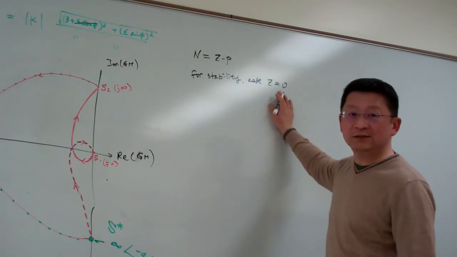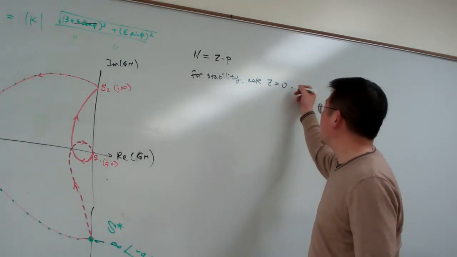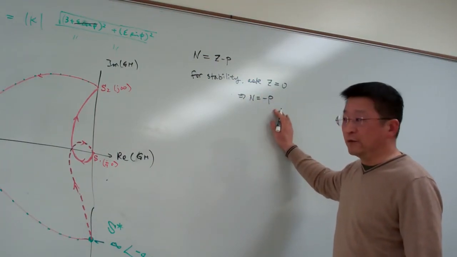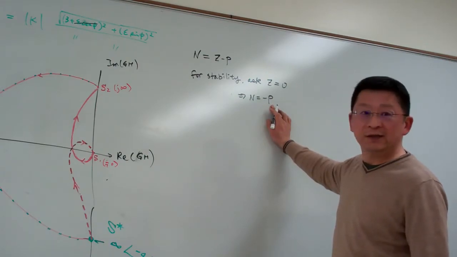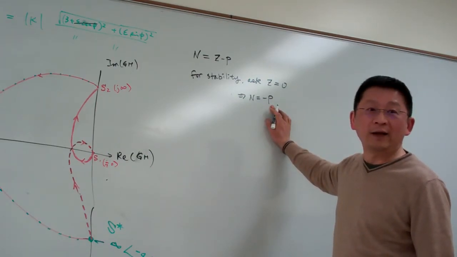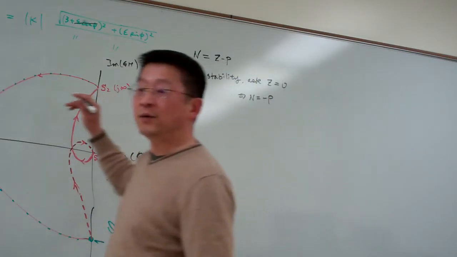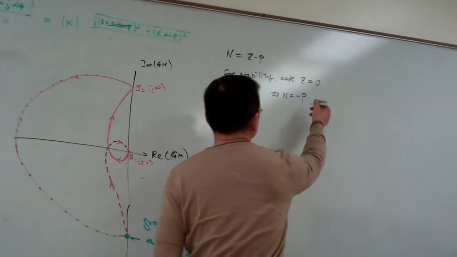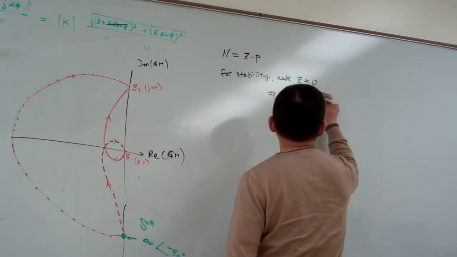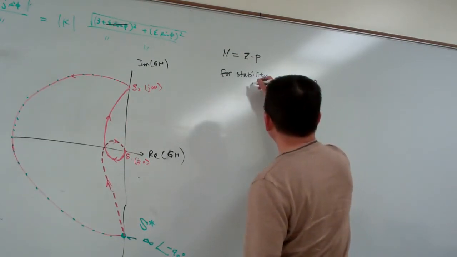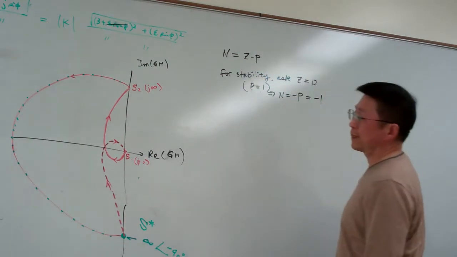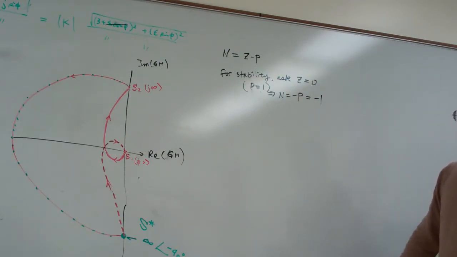So we have N equal to minus P. And for this example, what is the number of P? 1. Right? The number of P is the number of the poles being enclosed in this Nyquist plot, P equal to 1. So for this example, P equal to 1, that means N is minus 1. Okay?